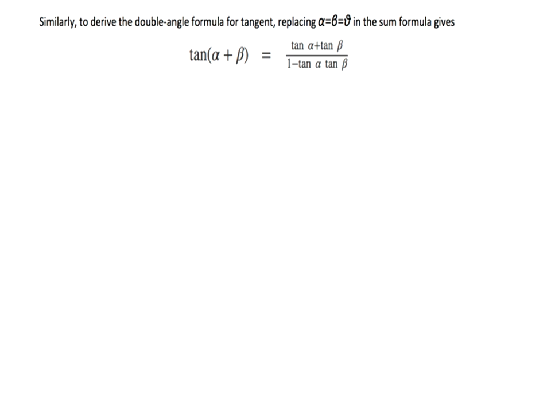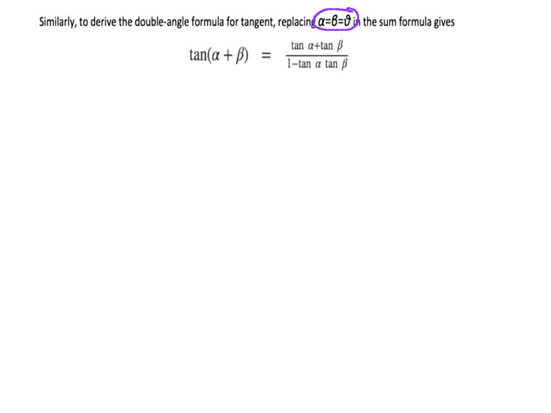Okay, so now we have the tangent of alpha plus beta, and we're going to start with that premise that alpha plus beta equals theta, that alpha equals beta equals theta.